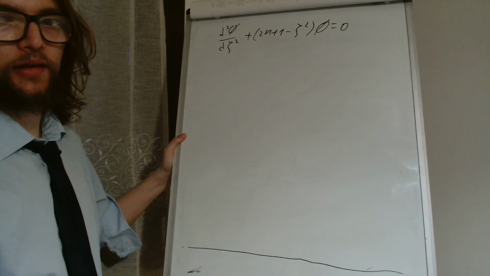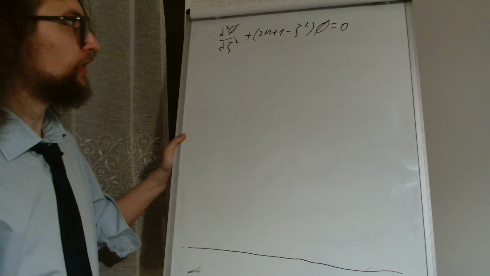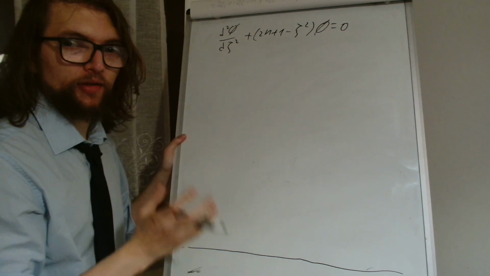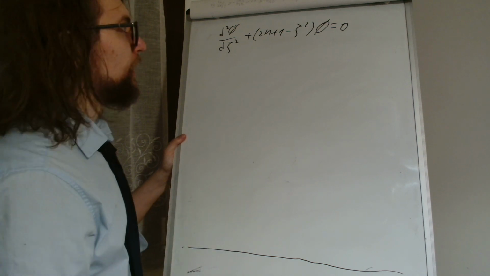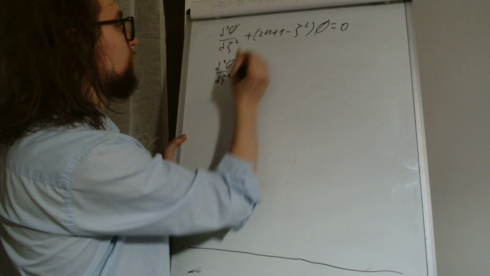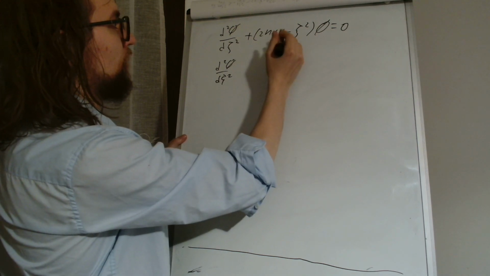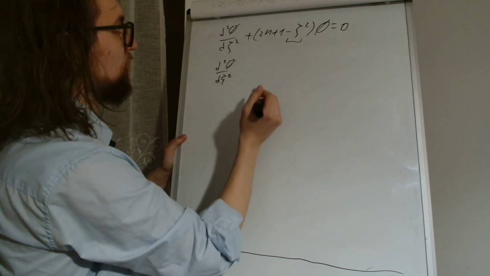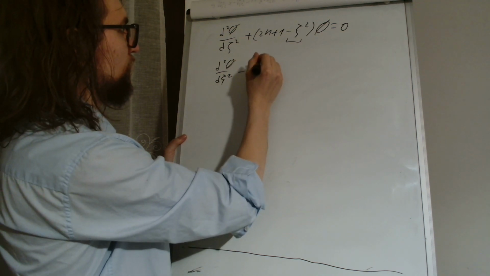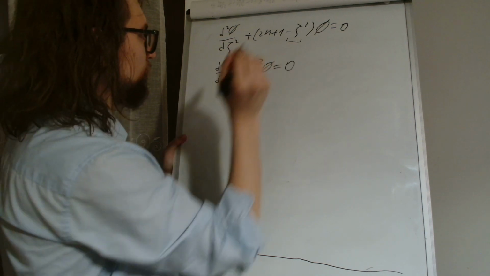So to find these solutions which make sense, we consider this equation at infinity. So we study the solution at infinity, and at infinity this term is negligible, because this term is much larger, and we get minus c squared phi equals 0.